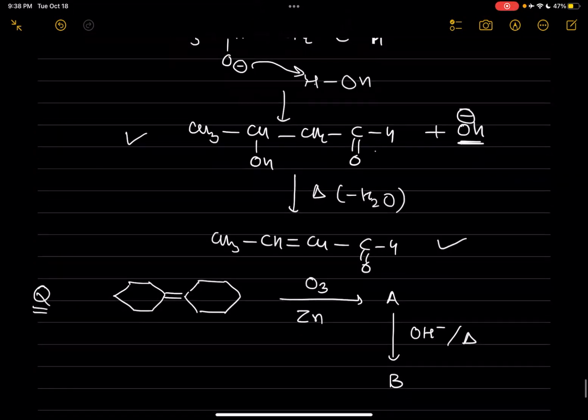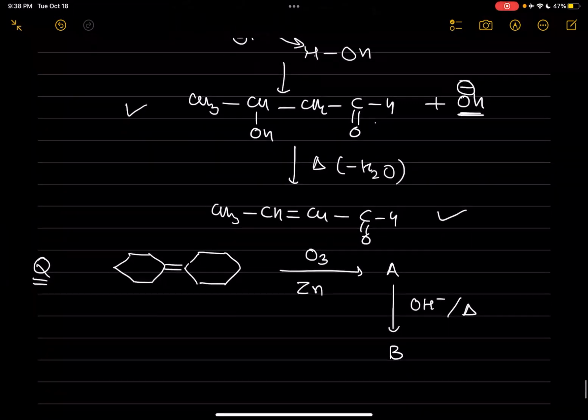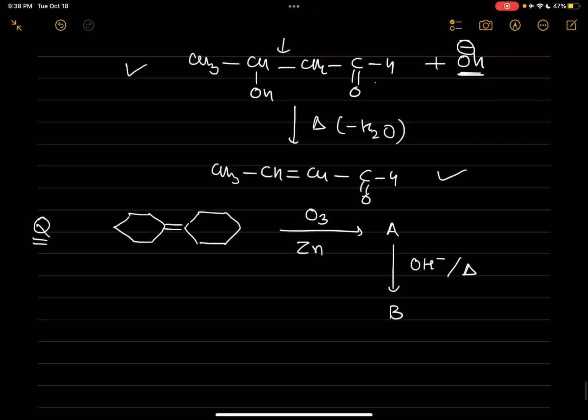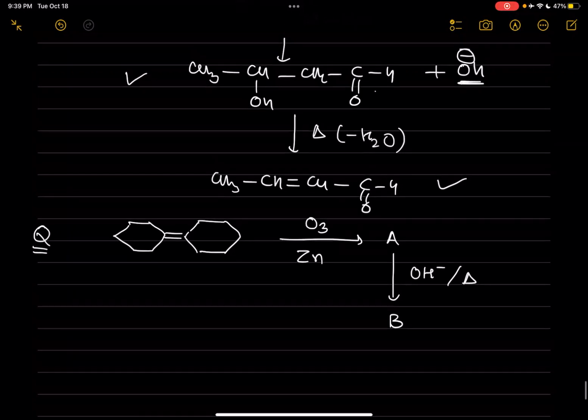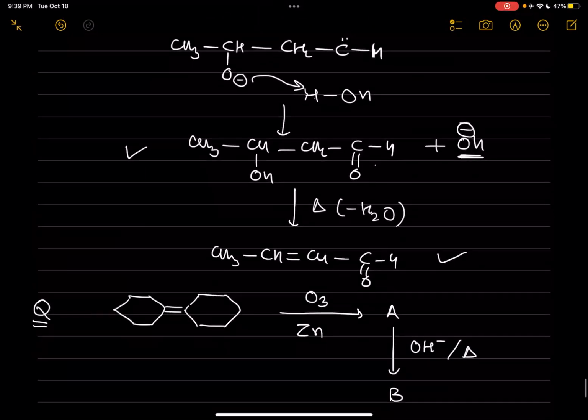Yes, the phenyl group also makes the double bond very stable.